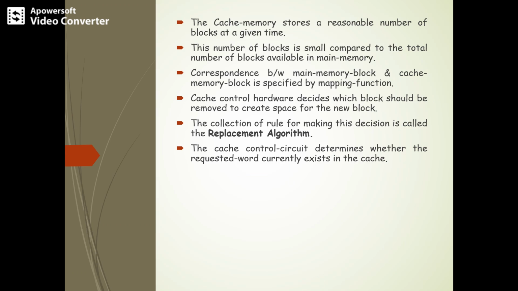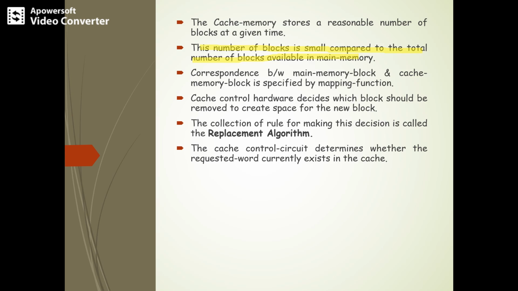The cache memory stores a reasonable number of blocks at a given time. This number of blocks is small compared to the total number of blocks available in the main memory. So we cannot fit all the information located within the main memory into the cache.